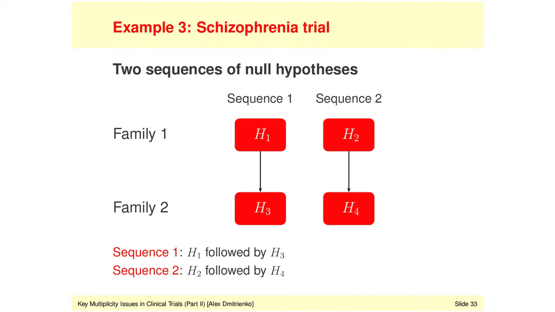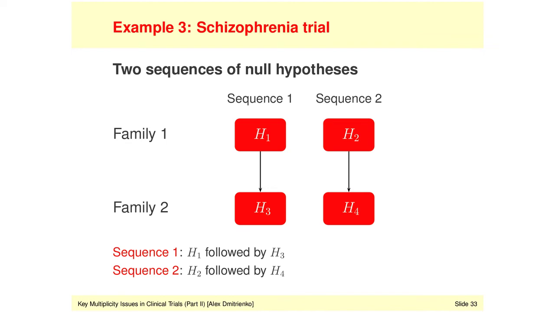In addition, we can think about two different sequences of hypotheses. This would be an example of a multiplicity problem with two sequences of hypotheses. They are shown on the slide and they're labeled sequence 1 and sequence 2. As you can see, within each sequence, the hypotheses are tested sequentially.